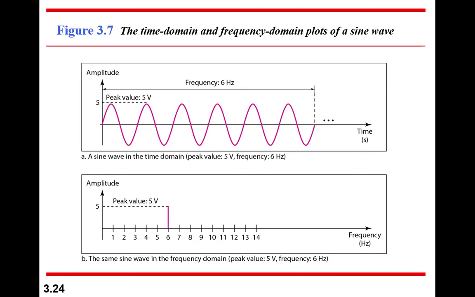Now a signal can be represented in the time domain. Time domain means that the x-axis is time, showing how the signal varies with respect to time, and the y-axis is its amplitude.